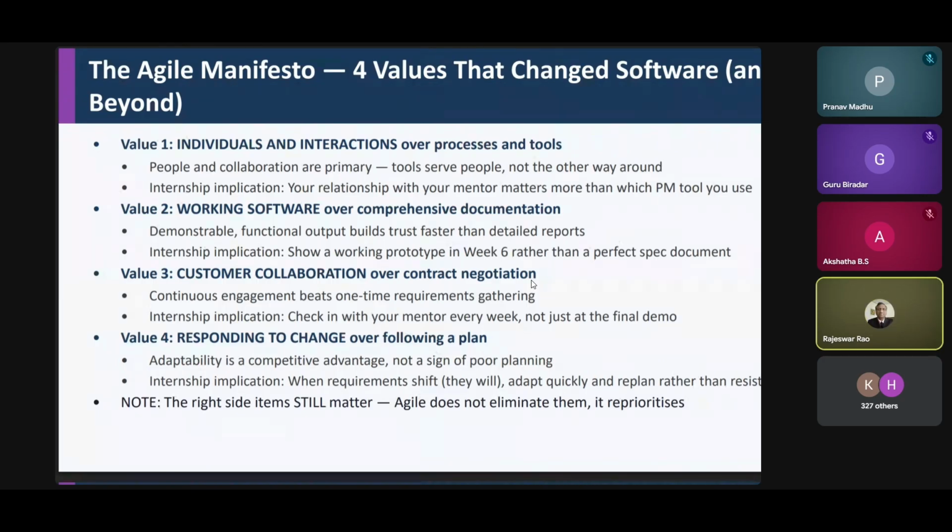And finally, the last value is again linked with the previous value: your ability to adapt and accommodate the various changes in the project. You're not rigid. You're not saying it can't be done. You allow the changes as long as the overall structure of the project within the timeline and the cost is not impacted.